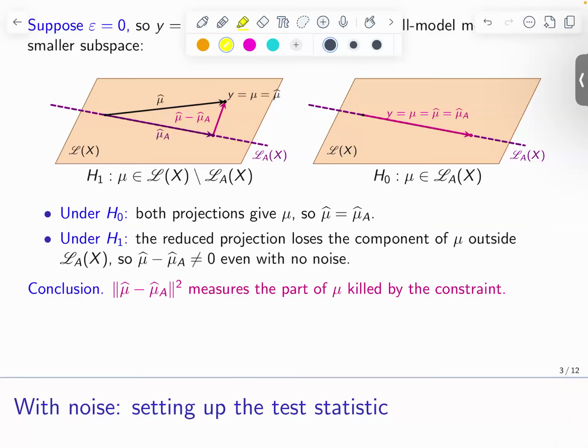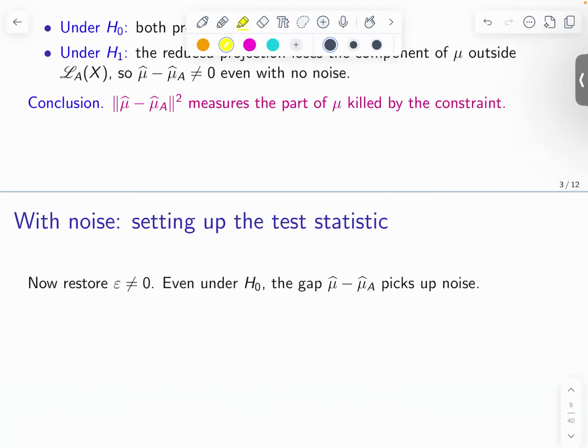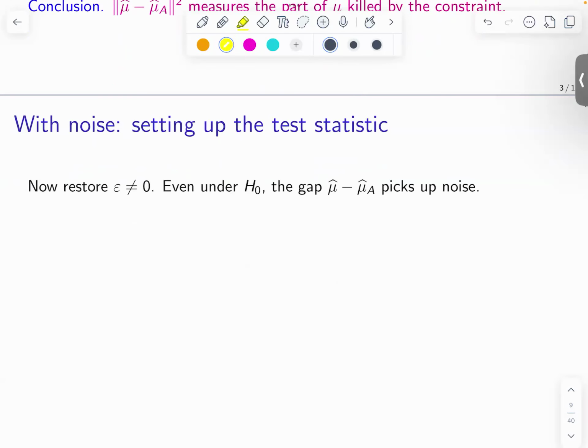So what we want to do is measure this difference, which measures the part of mu that gets killed by the constraint. I can build a test by just checking how large this is. If it's close to zero, I'm not going to reject. If it's large, I'm going to reject. The only issue is how large it should be for me to reject, and this is where the statistics comes in.